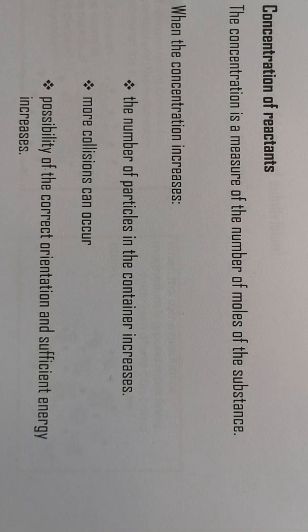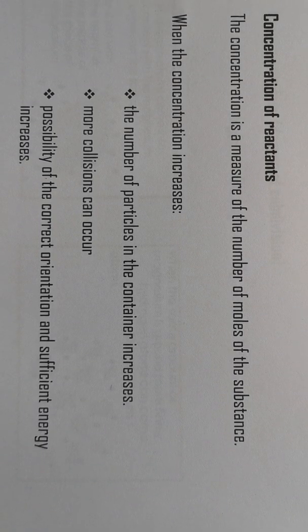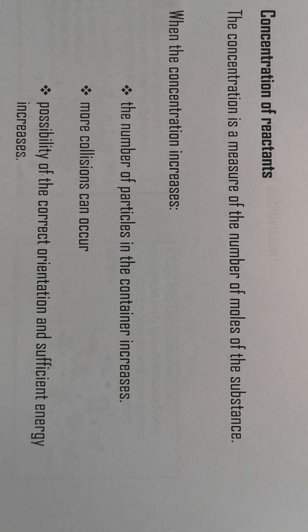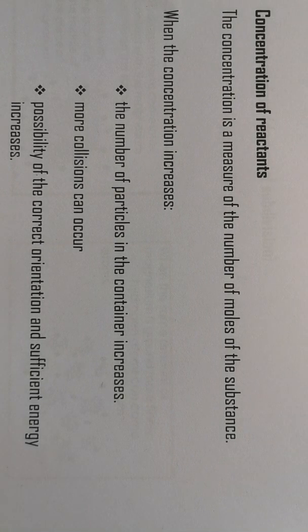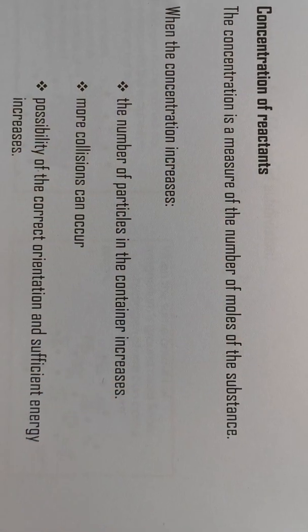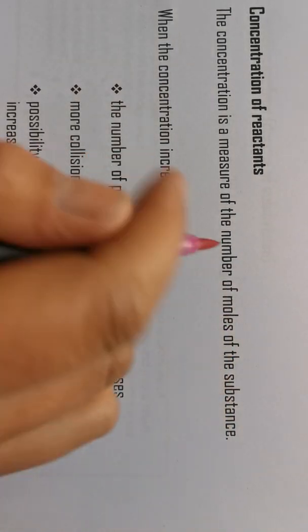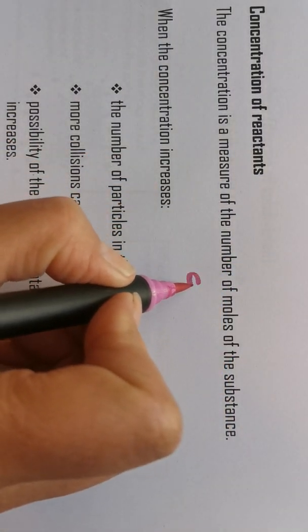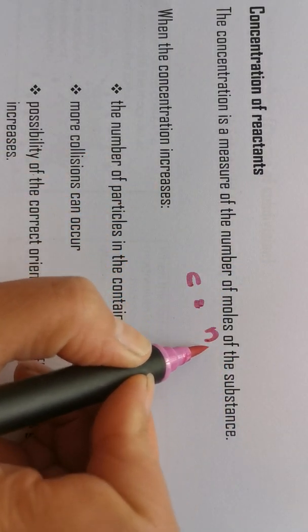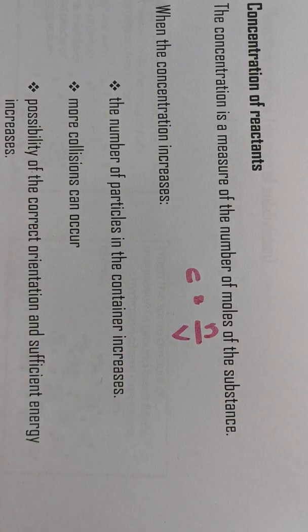Okay. Now, the next factor that affects reaction rate is concentration of reactants. Okay. So when we talk about reaction rate and we're talking about the concentration of reactants, we know that concentration can be calculated by using the formula concentration is equal to the number of moles over the volume that we have.